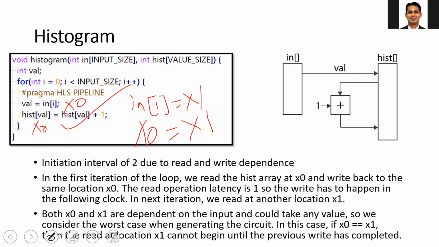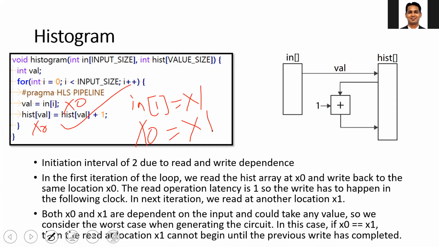And in the second iteration, since x0 is equal to x1, you are reading from hist of x1, that is hist of x0. So you cannot perform the read operation of hist of x0 or hist of x1 unless the previous write operation is completed. This is the main reason why the initiation interval is not 1.